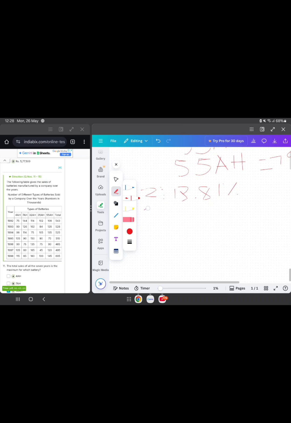Okay, and then for 93, we've got 90 over 528 times 100, which gives us 17.05%. Okay, and then 96 divided by 525 for 94 times 100, which gives us 18.29%.